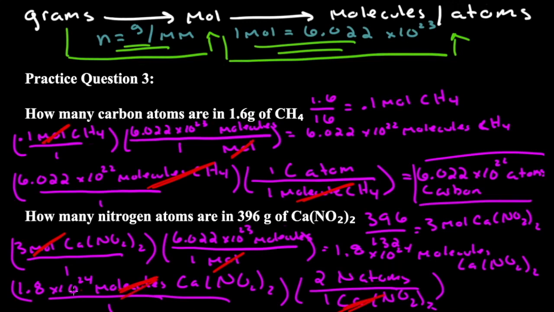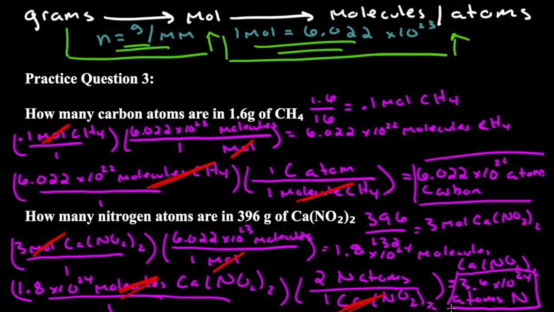So what we'll do is this number here times 2 divided by 1. And when we do that, we'll get 3.6 times 10 to the 24, and that's going to be atoms of N. And so this would be the answer right here.